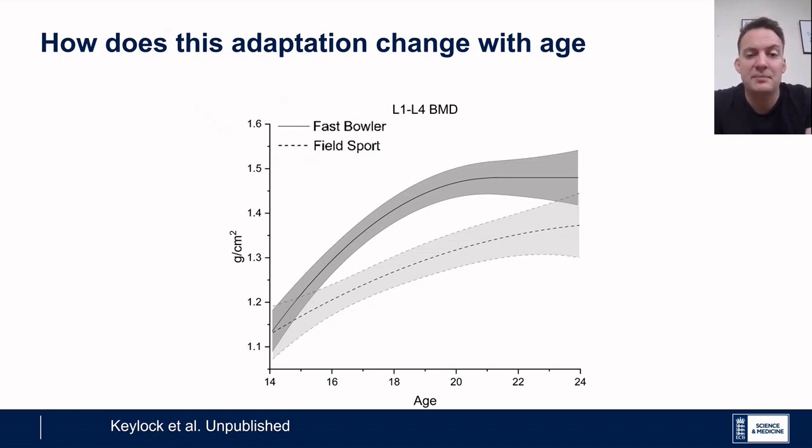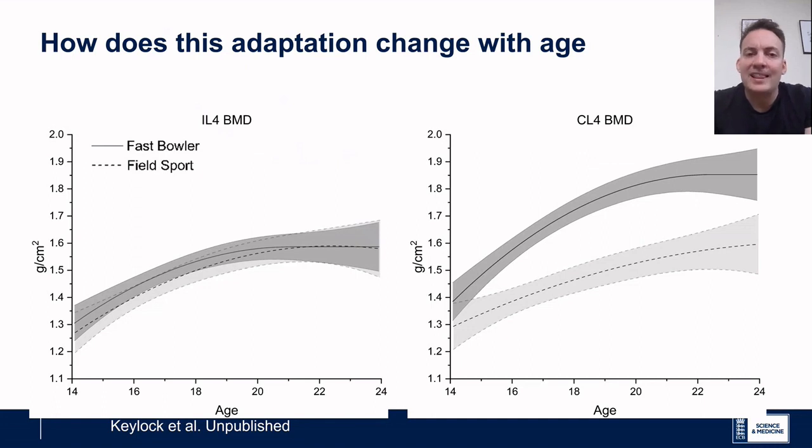Particularly from the ages of 14 to 18, we have this rapid acceleration in accrual of bone mineral density that's likely due to the large forces imposed on the lumbar spine during cricket bowling compared to those in field sports. We notice in our fast bowlers that this seems to plateau at around age 22, prior to what has been published in the research for typical adaptation in healthy humans. So we have this rapid, accelerated adaptation of the whole lumbar spine.